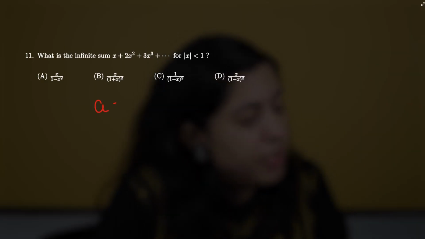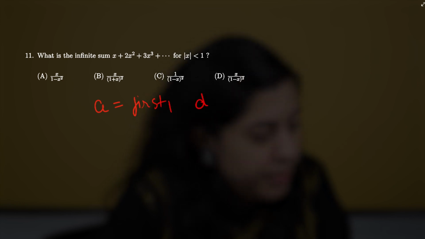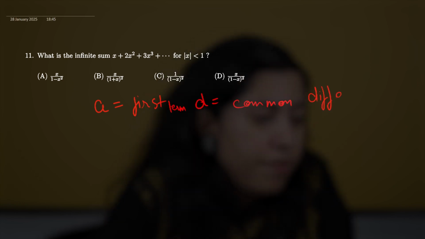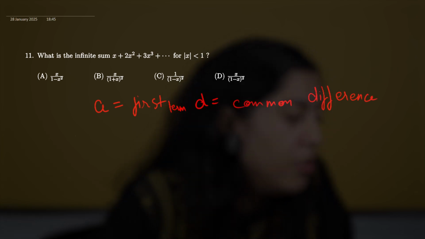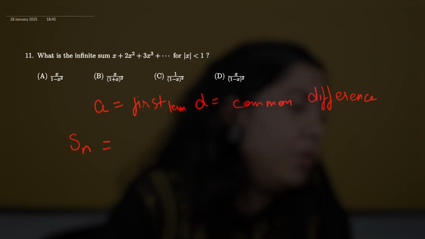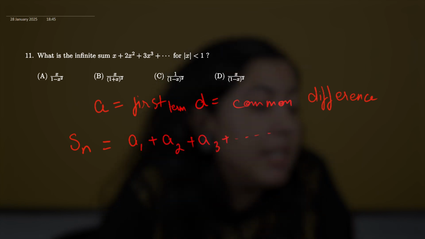a is the first term of an arithmetic progression and d is the common difference. Then the sum of all the elements from 1 to n, also denoted by Sn, is equal to a1 plus a2 plus a3 all the way till an.